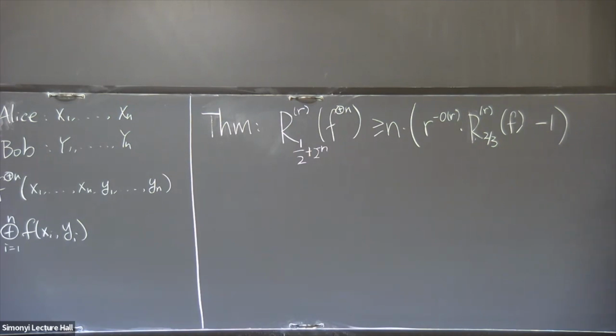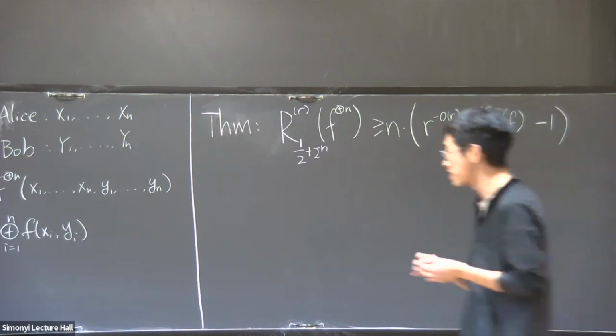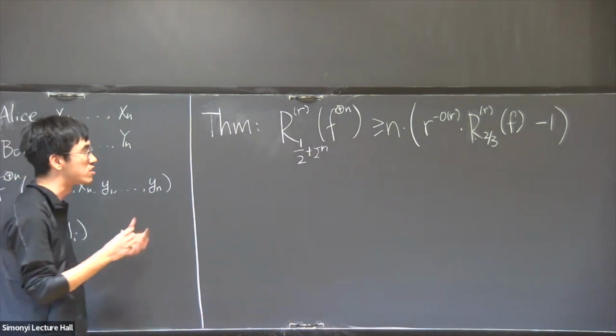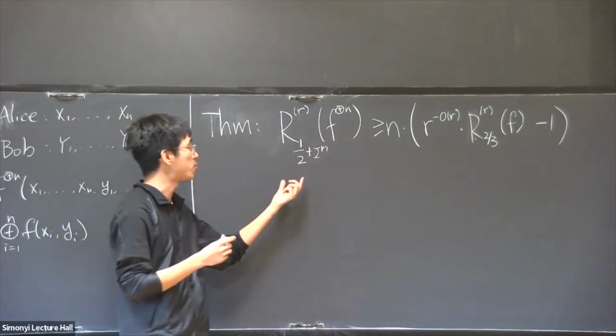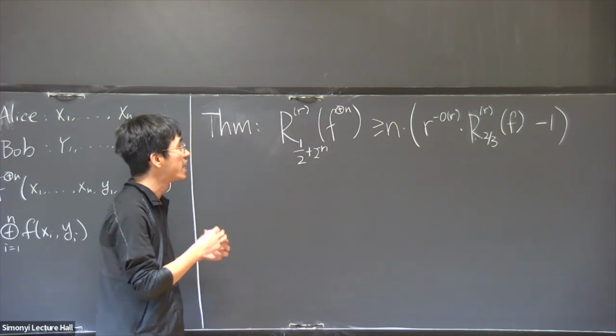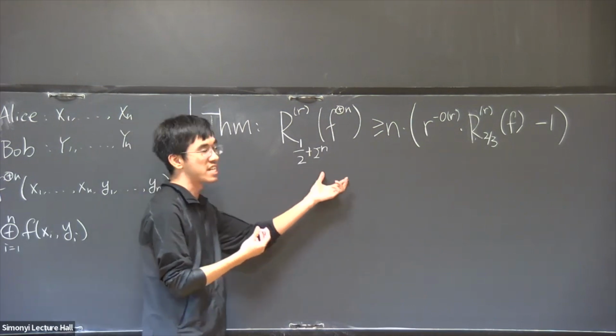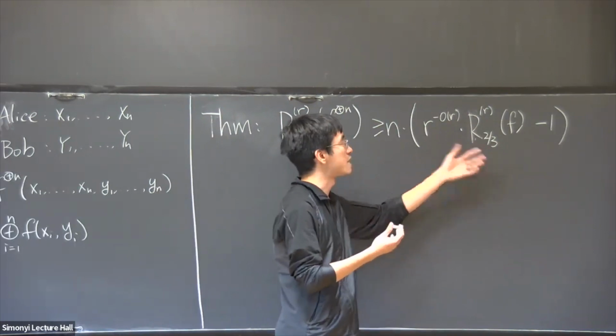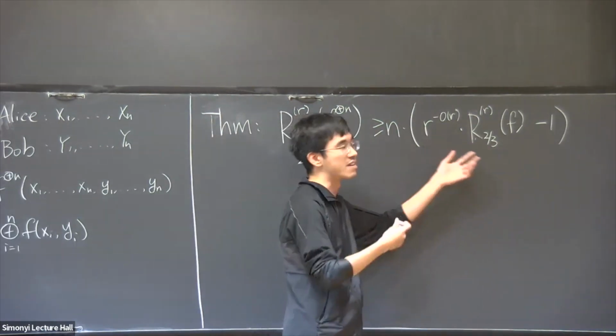So on the left-hand side, we have the smallest communication cost of all protocols for f to the n in R rounds that succeeds with probability half plus 2 to the minus n. And that must be at least n times the communication cost of f, also in R rounds, times something that depends on the number of rounds, then -1.